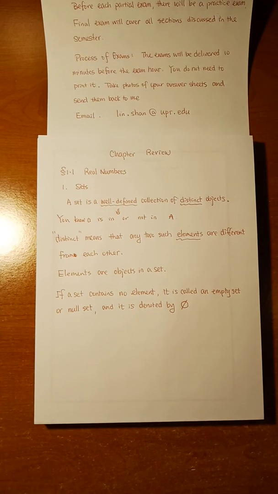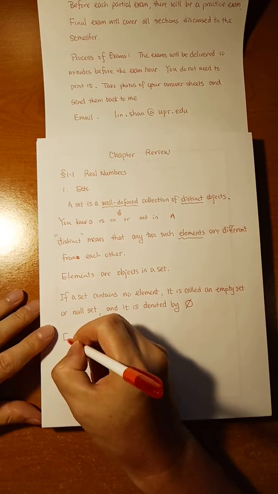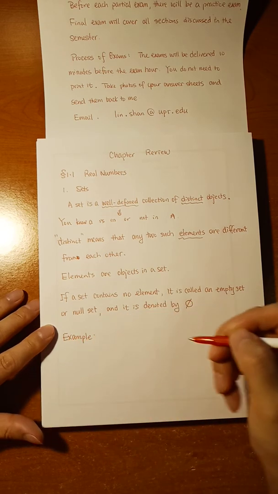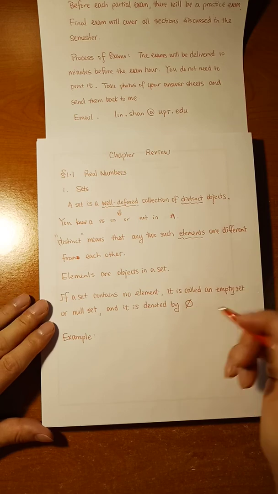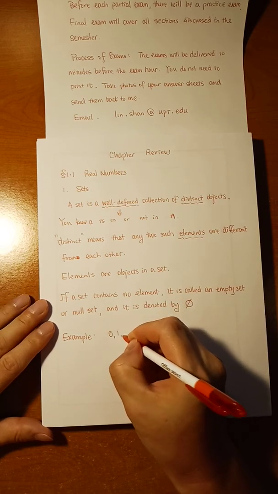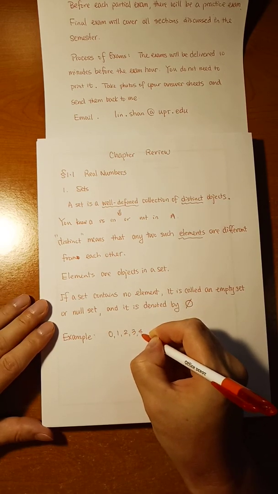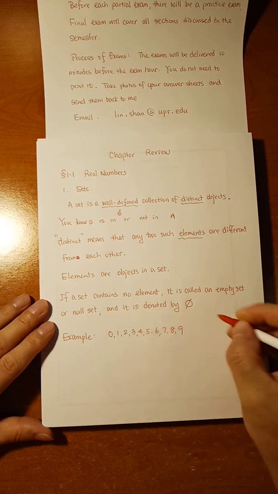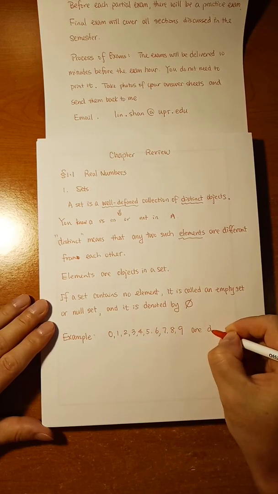Okay, so for example, we know the digits. Those are 0, 1, 2, 3, 4, 5, 6, 7, 8, 9. They are digits.